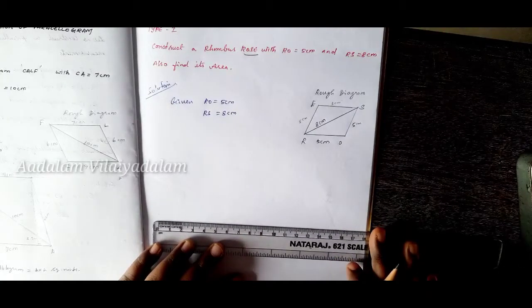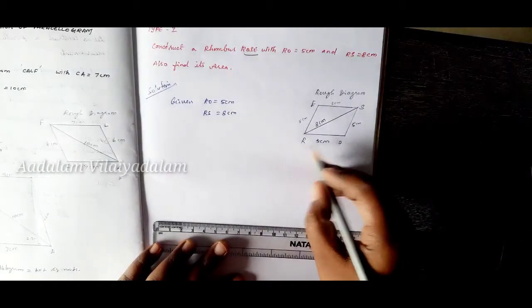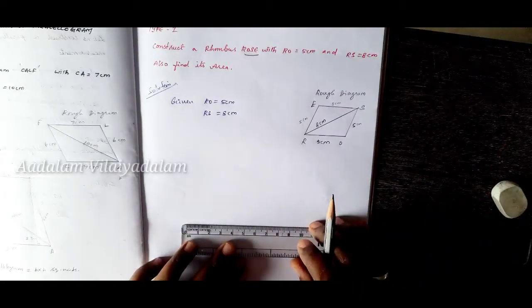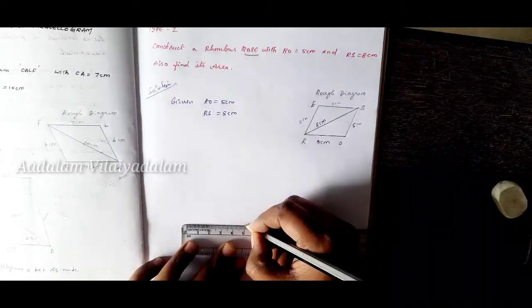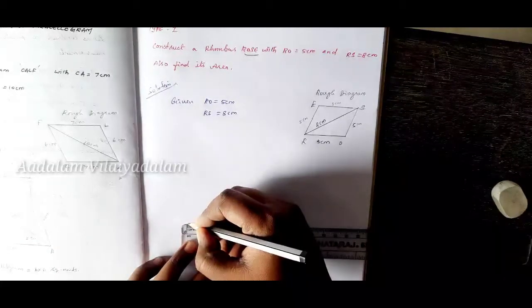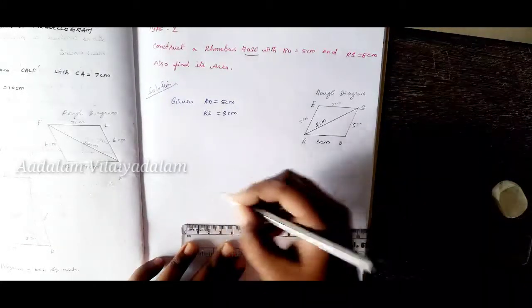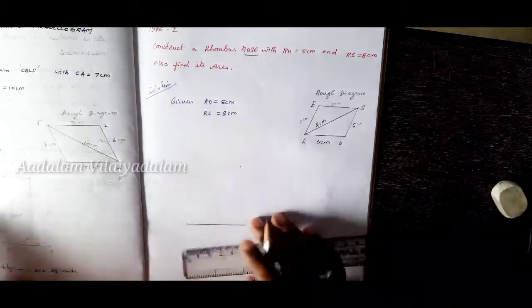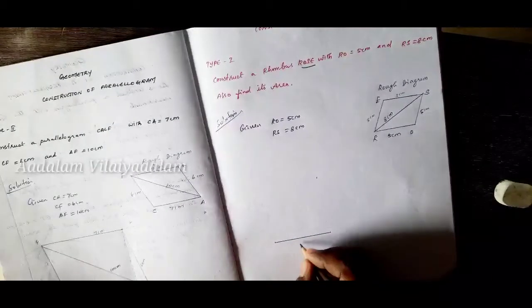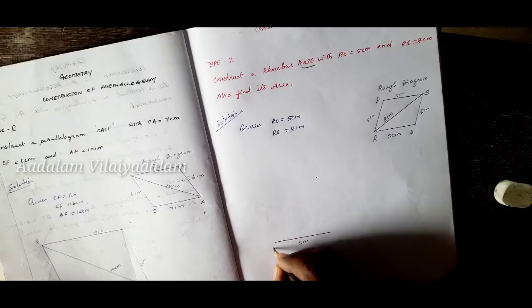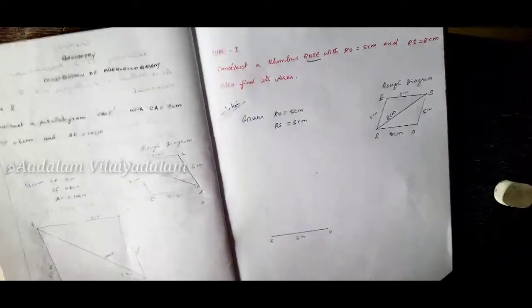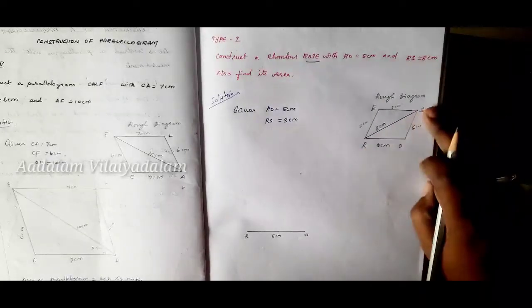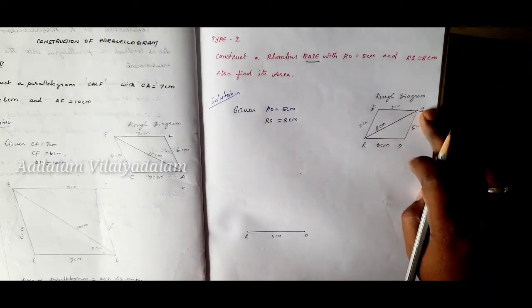Now let us draw the line segment RO, 5 cm. So let us name this RO as 5 cm.